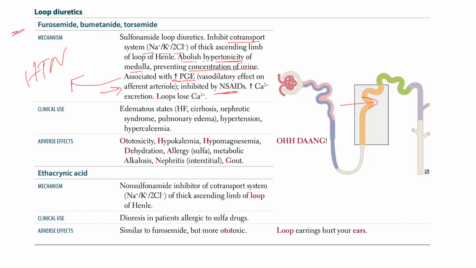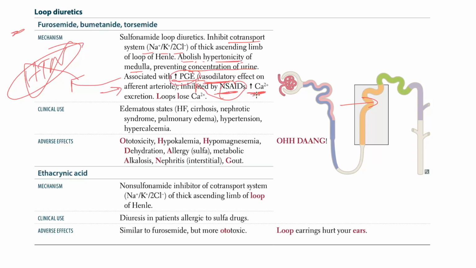In hypertension, we use loop diuretics because they cause vasodilation by increasing prostaglandins. NSAIDs, on the other hand, inhibit those prostaglandins, so you can inhibit this effect by giving NSAIDs.